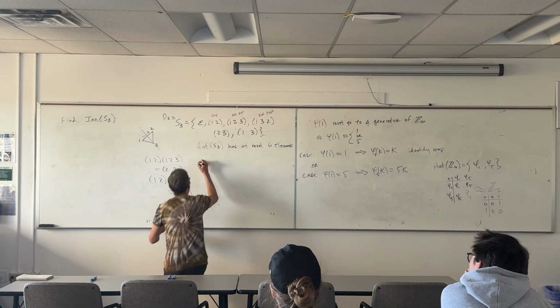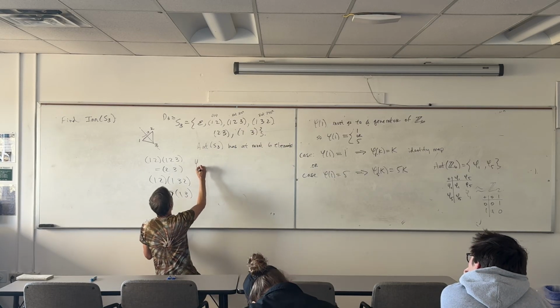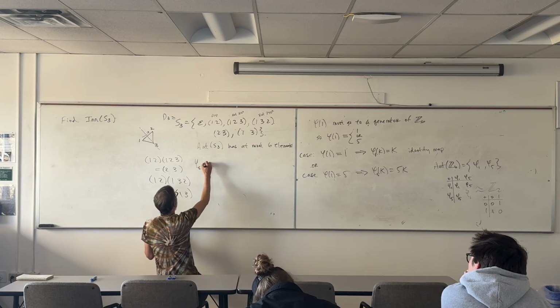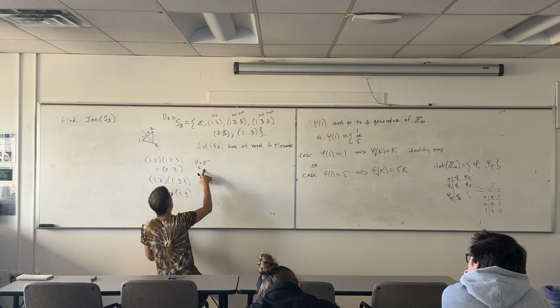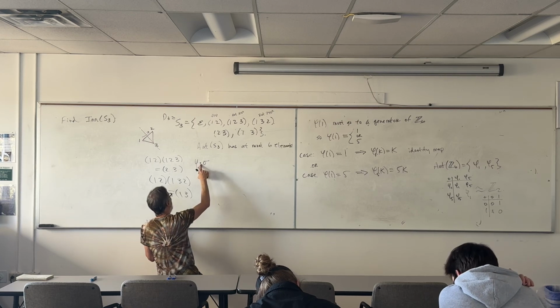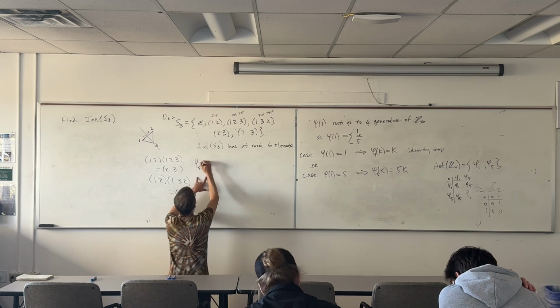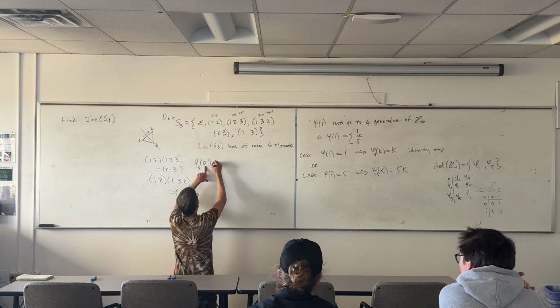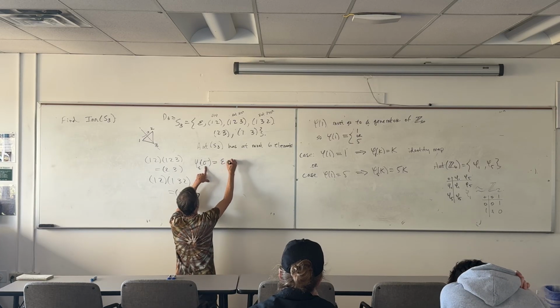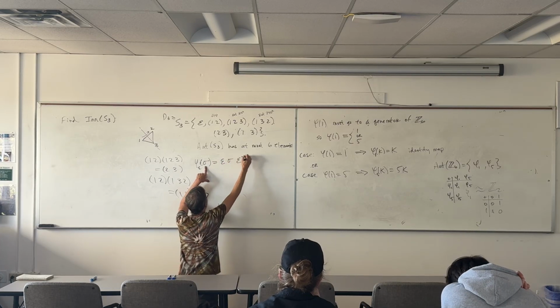And let's write them out. So we're going to have phi of epsilon, which takes an element sigma from the permutation group. It's going to eat it in this way: it's going to do epsilon, sigma, epsilon inverse.